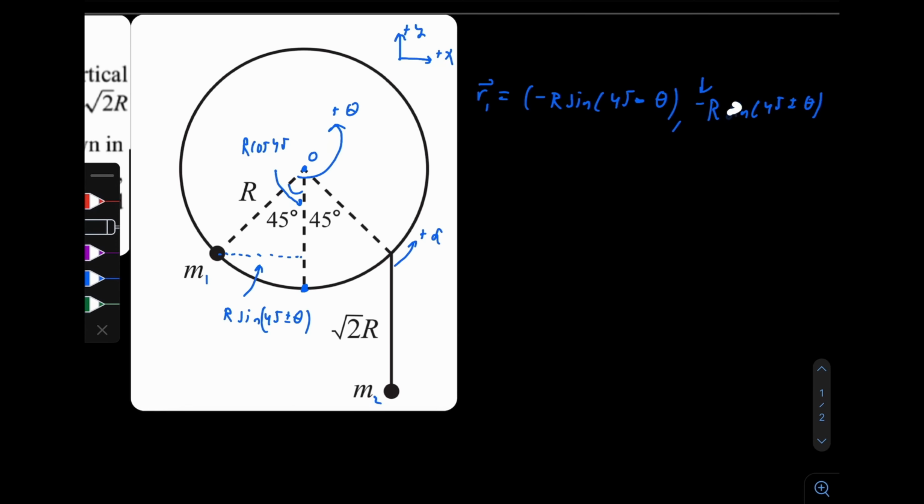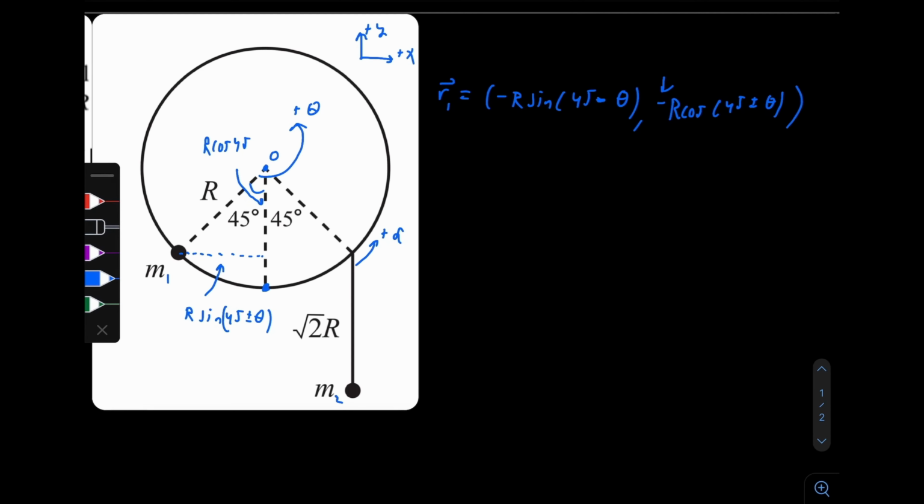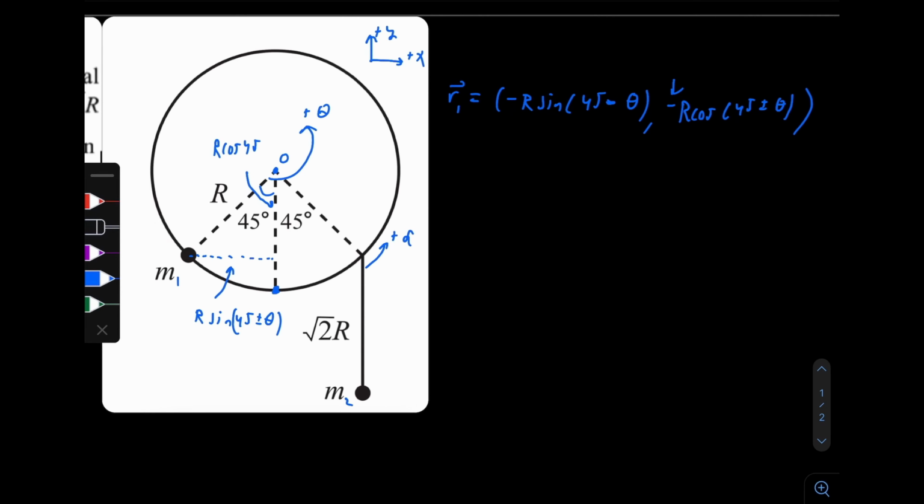Oops, this is supposed to be cosine. If we did plus, we would get 45 plus 45, which is 90. Cos of 90 is 0. Do we want 0? No, we do not. If we did minus, we'd have 45 minus 45, which is 0. Cos of 0 is 1, times negative r gives us what we want. So then this is minus.